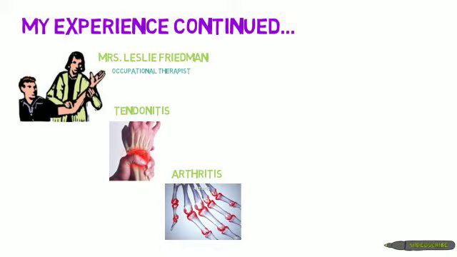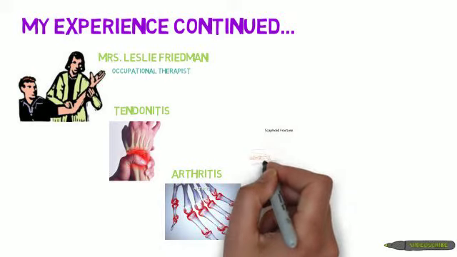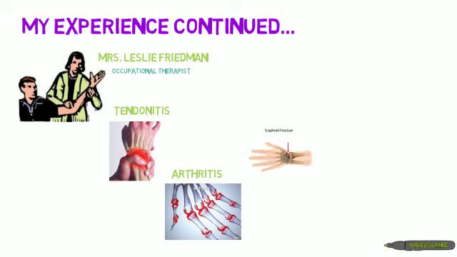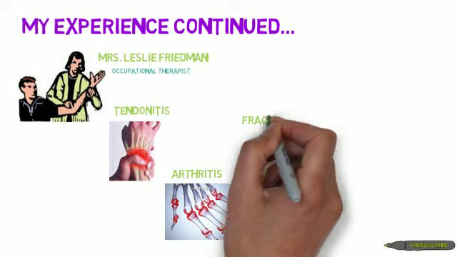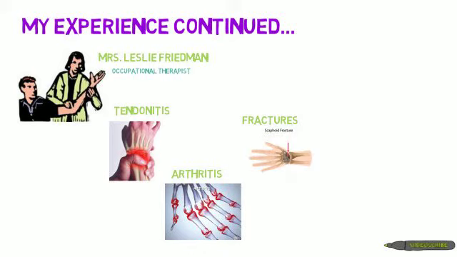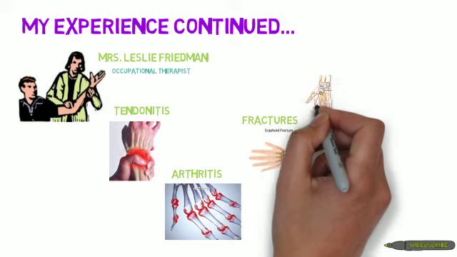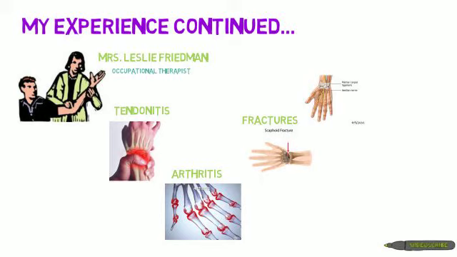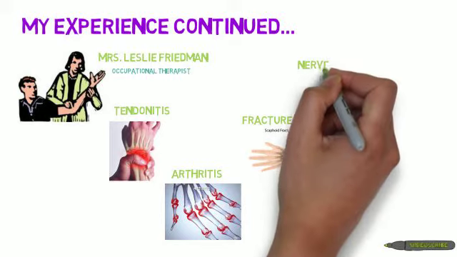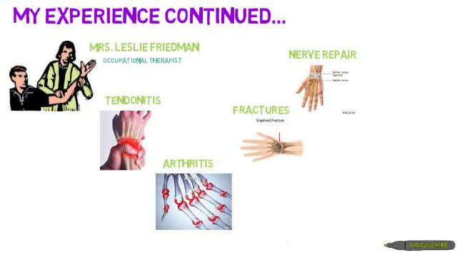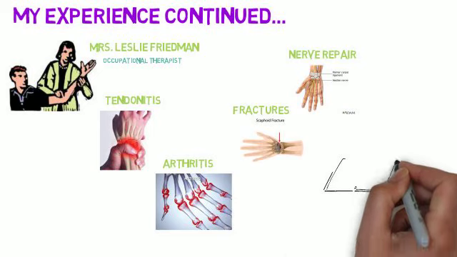Mrs. Friedman used a wide variety of treatment options, including hot and cold packs, soft tissue massage, scar massage and management, wound care, stretching, joint mobilization, active motion, strengthening, splinting, and the use of modalities like ultrasound, electrical stimulation, and iontophoresis to get the best possible outcomes.